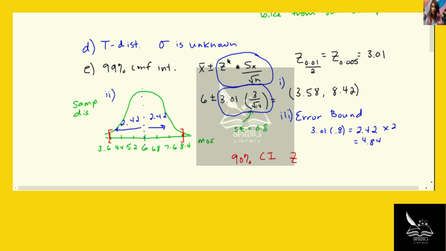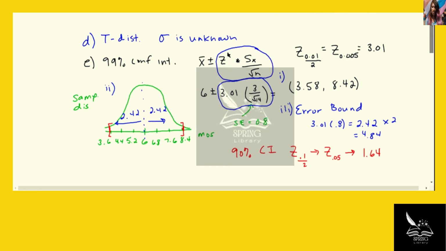So instead of looking at 0.01 divided by 2, I'd be looking at 0.1 divided by 2. So I'd be looking for the z-score that marks off the top 5%, or 0.05, of the data, or the bottom 5% of the data. So that gives me a z-score of 1.64. So instead of 3.01, I'd be dealing with a z-score of 1.64 that's marking off my boundaries.